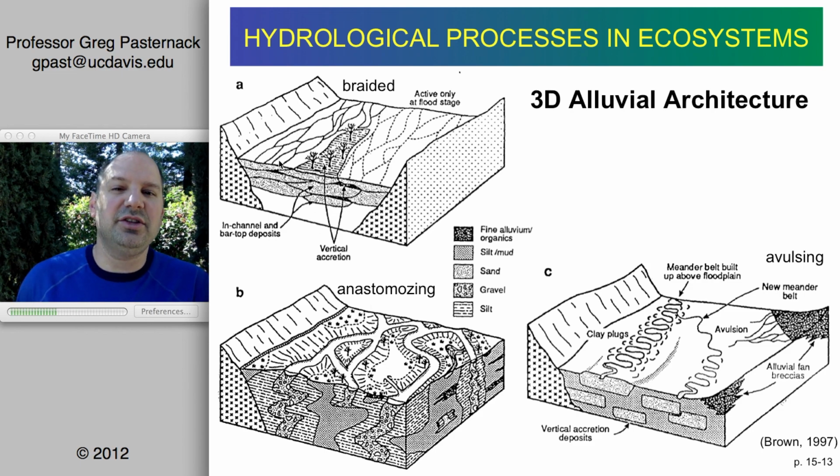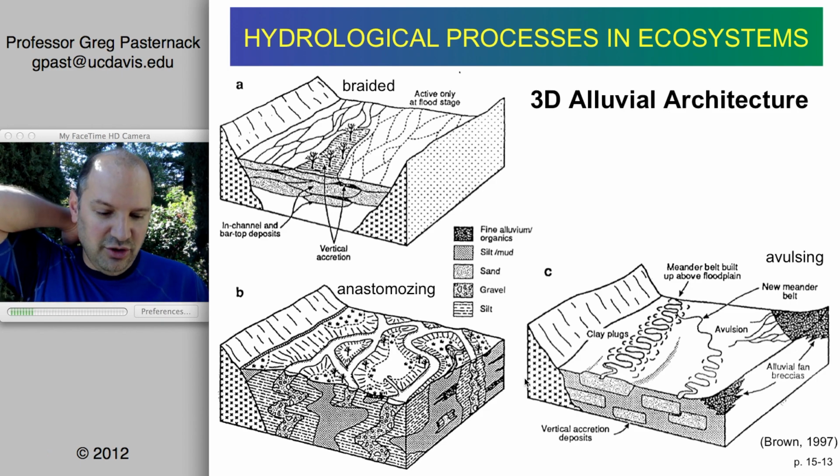And so whatever you see on the surface is also going to change the structure of what's happening in the subsurface. And I think this is fairly self-explanatory, so you can look that over.